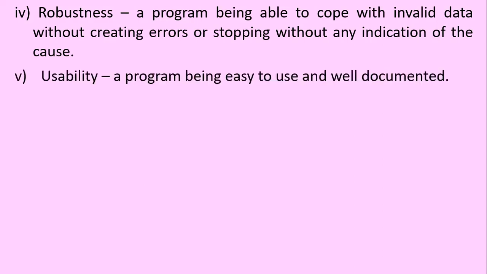Number 5 is usability. This is a situation where a program is made in a way that it can be easily understood by those who are using it because it is also well documented. So a program is said to be usable if it is easy to use and is well documented.